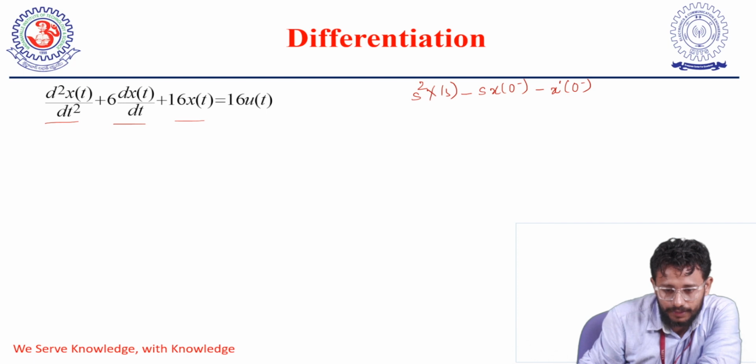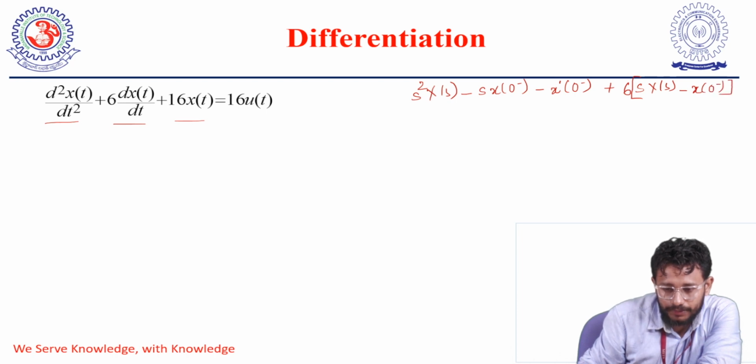Now for the second expression, we would be getting plus 6s x of s minus the initial condition of x.